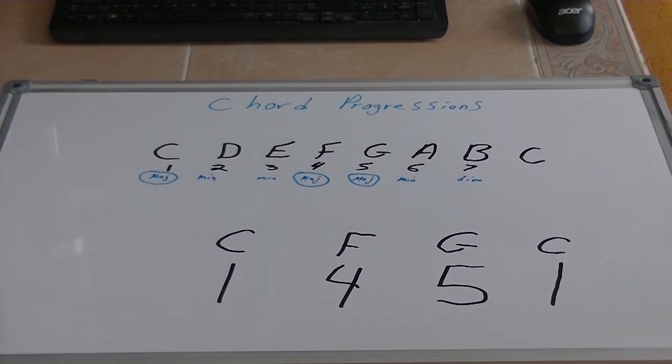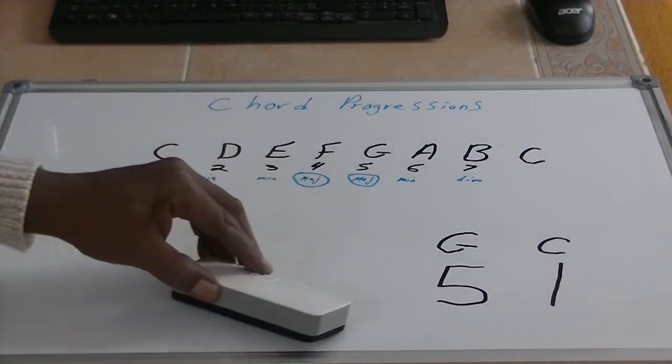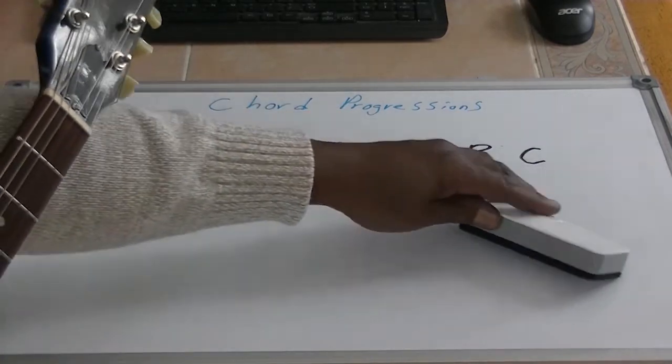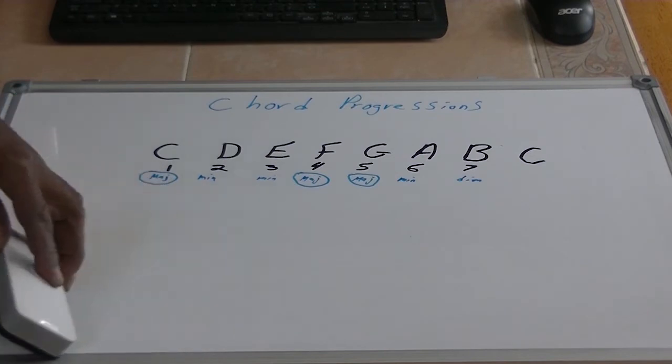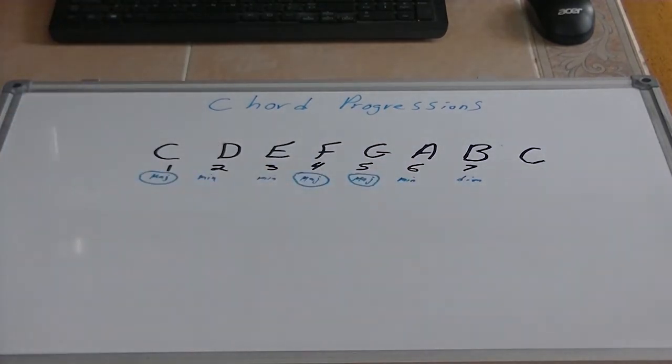So let's look at a couple of other chord progressions that have 4 chords. And when we use progressions that have 4 chords, now songs that may be more recognizable start to come to mind.